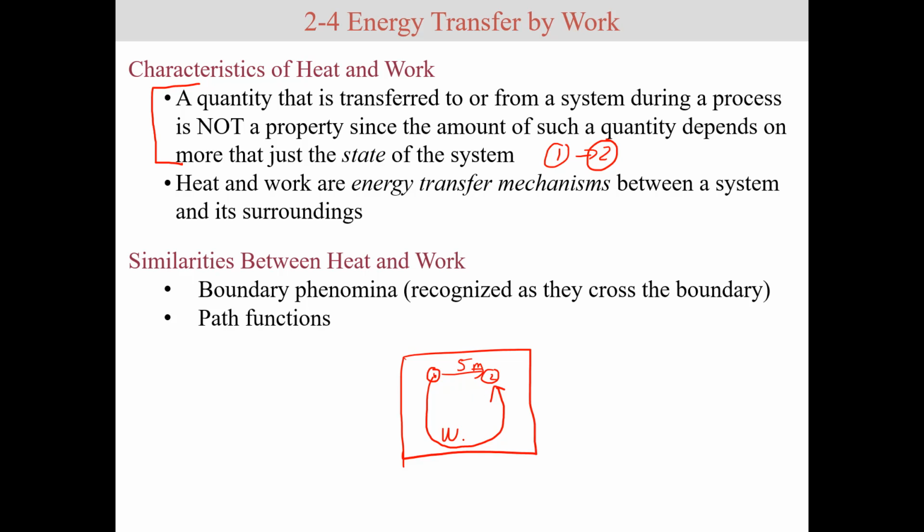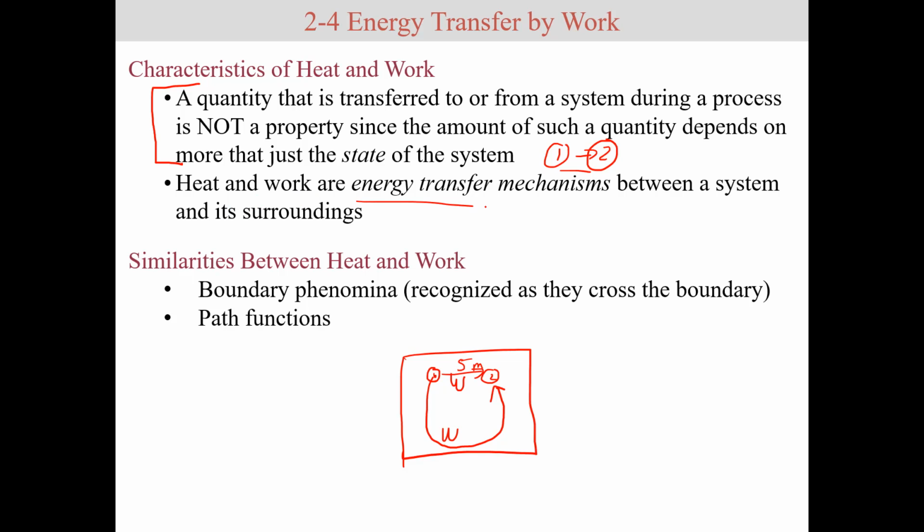This obviously requires more work than this does. So it's the same thing. Heat and work are quantities that happen because a process happened. And so I need to know both the state change and also the path, or the way it happened.